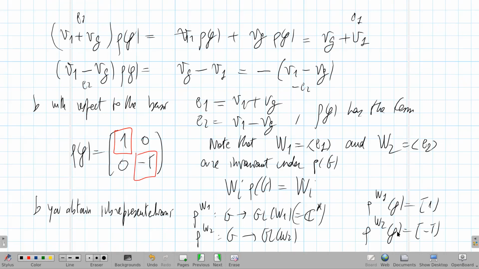And later we will introduce a rather natural concept of direct sum of representations, and it will turn out that the representation in dimension two is just the sum of these two.